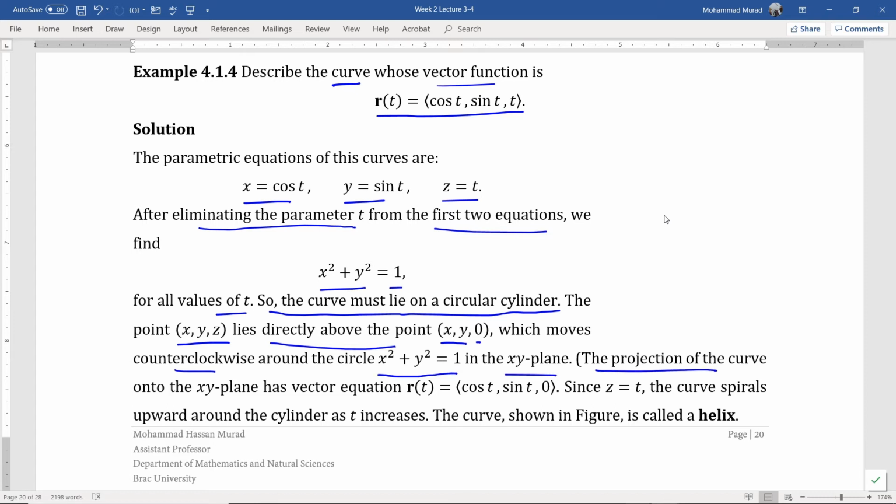The projection of the curve onto the xy plane has the vector equation with the first two components the same as given, but 0 as the third component. Since z equals t, the curve spirals upward around the cylinder as t increases. The curve is shown in the figure. It's called a helix.